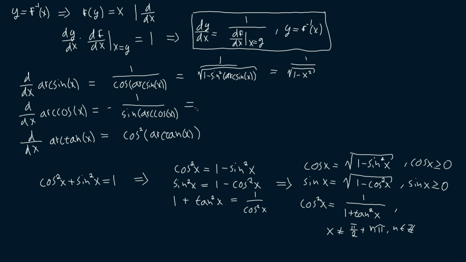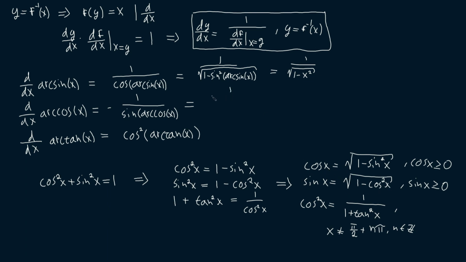Now let's consider the derivative of arccosine of x. We know that sine is non-negative on the interval from minus pi to pi, but the range of arccosine of x is from minus pi to pi, so we're justified in using this equation to simplify.